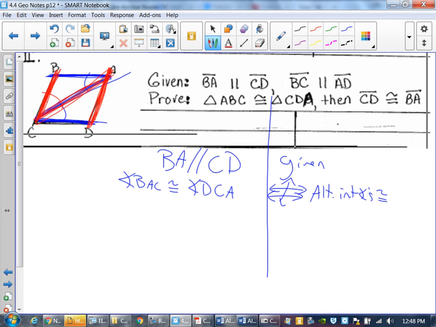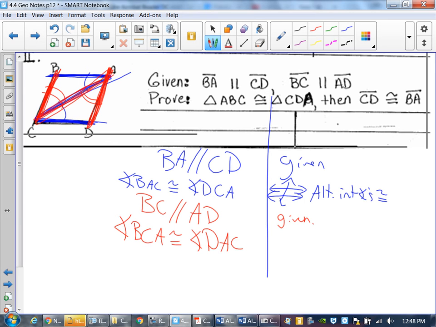Again, I have alternate interior on the other sides. Which means angle VCA is congruent to DAC. Same reason.